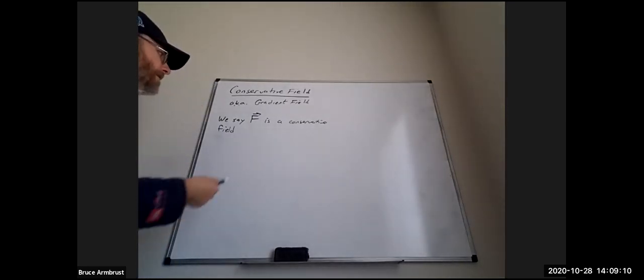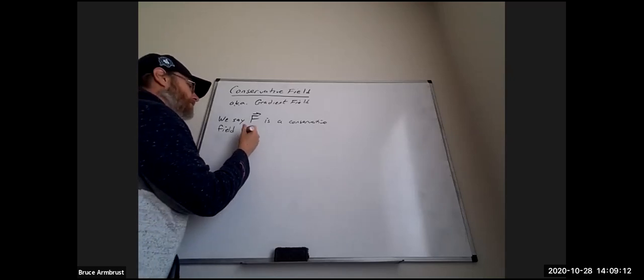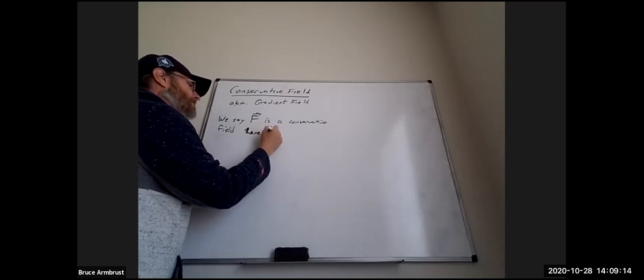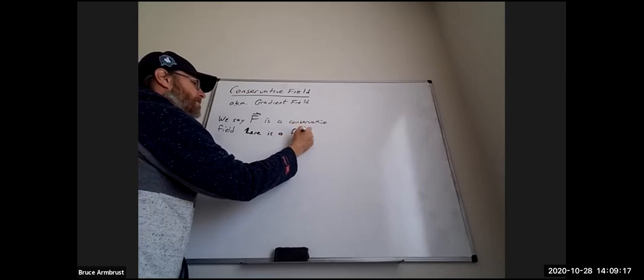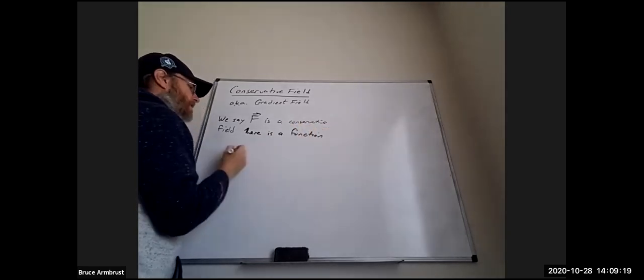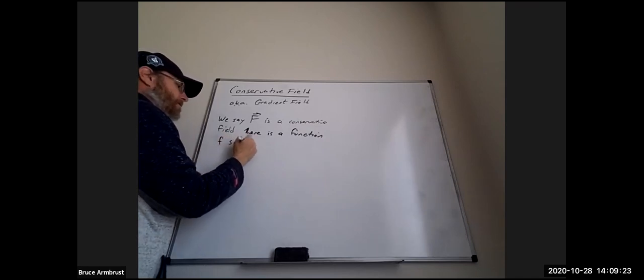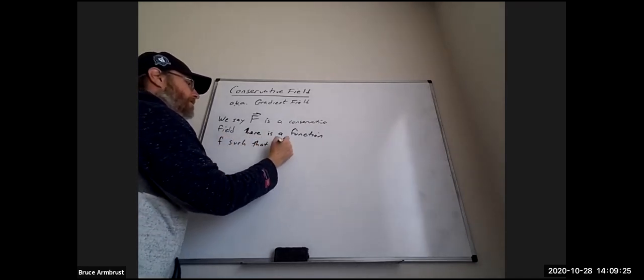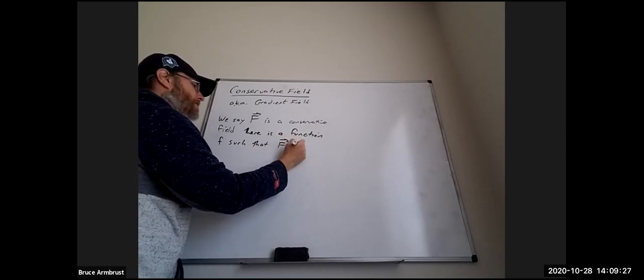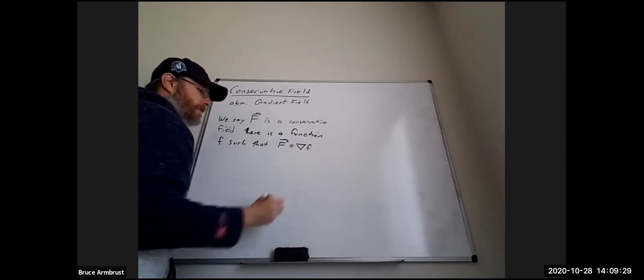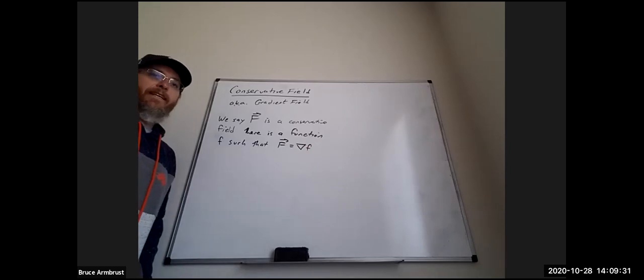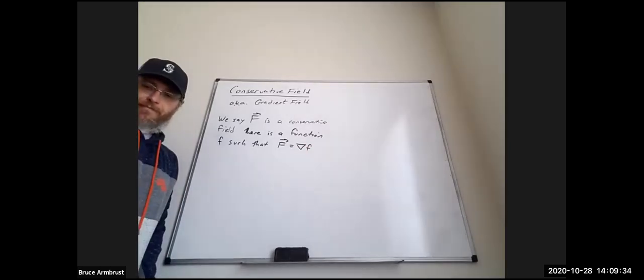All right, so we say big F is a conservative field if there is a function that I'm going to call, say, little f, such that the field is actually equal to the gradient of that function.